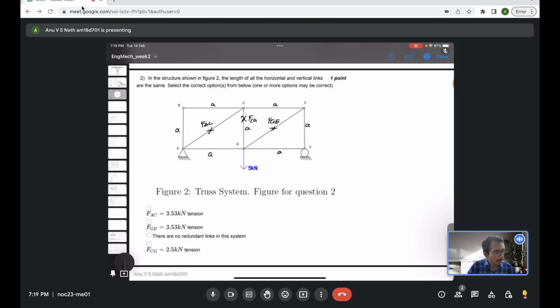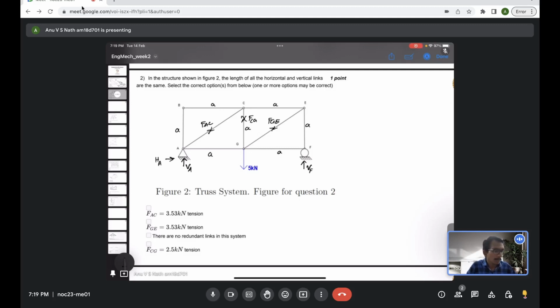First of all, this has a hinge joint here, so it will have two reactions: a vertical reaction at A and a horizontal reaction at A. And at F, because it's a roller support, you will have only a vertical reaction at F. There will not be any horizontal reaction. Now, a priori you can say the horizontal reaction at A should be 0 because there are no horizontal forces acting on the system.